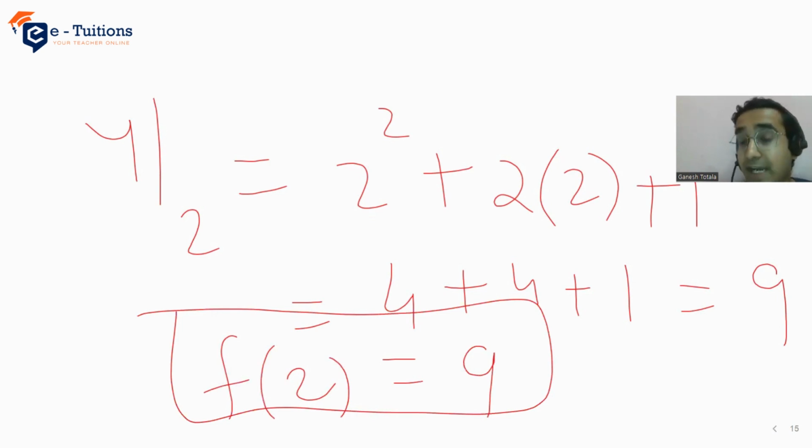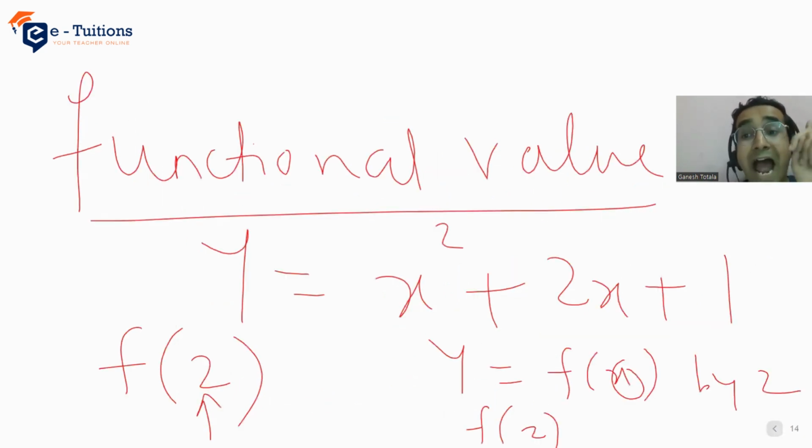Now note, there are two important things here. First is limit, second is functional value. We find the functional value always at the given point, whereas we find the limiting value when x is tending towards that point. That means while finding the functional value, we can straight away substitute x as 2.